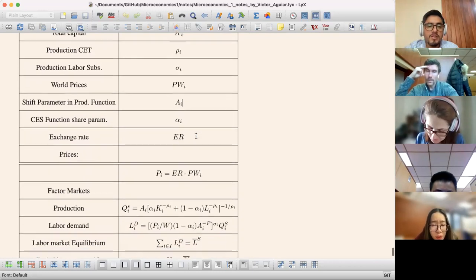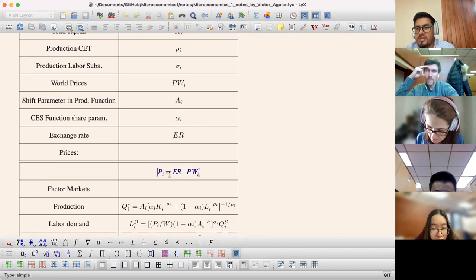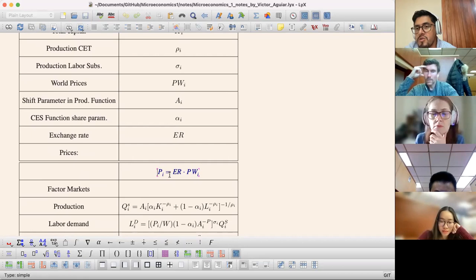And as you can see, world prices multiplied by the exchange rate give you the local prices. So essentially, again with the example of Canada, you take as given, for instance, the price of some commodity like bananas, right? So there's going to be a world price, and then essentially whatever is the world price in US dollars, you multiply it by the exchange rate.